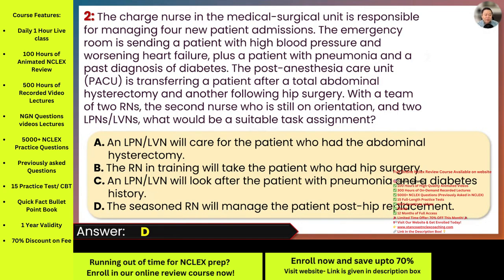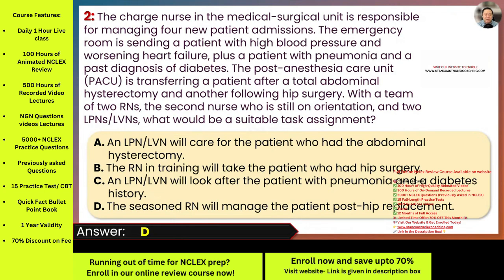And for you to answer this question, you have to match the right patient to the right nurse. So the experienced nurse should take the high-risk post-op patients, such as the one with a hip surgery, hysterectomy. The RN that is still doing the orientation can take more stable medical cases such as hypertension, diabetes, whereas the LPNs, LVNs can take stable patients needing basic care, vital signs, dressing changes, helping with ADLs.